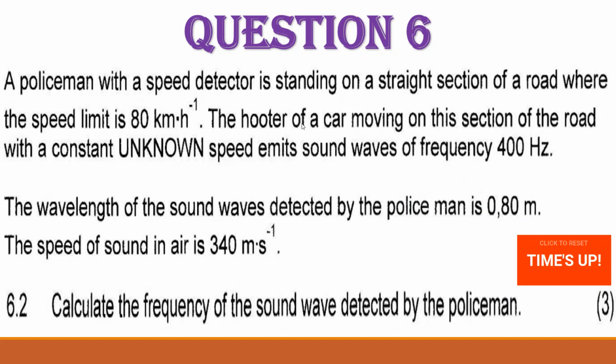Okay, the source of sound is moving on this section of the road with constant speed. We don't know how many meters per second, and it emits waves of frequency 400 Hz. The wavelength of the sound is given. The wavelength of the sound is 0,80 meters.